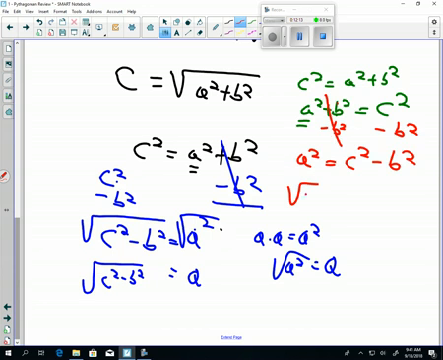Then take the square root of a squared, which means I have to do the same over here. And then the square root of a squared is a, equals... I can't solve this right now, I can just leave it like that until I get numbers. And once I have numbers, I can put them in there and solve it. So that's how we get the formulas.